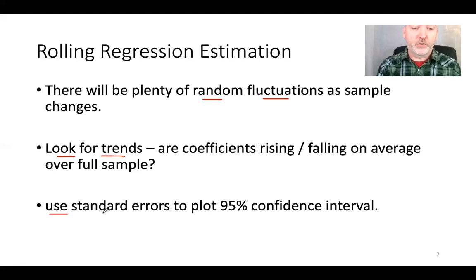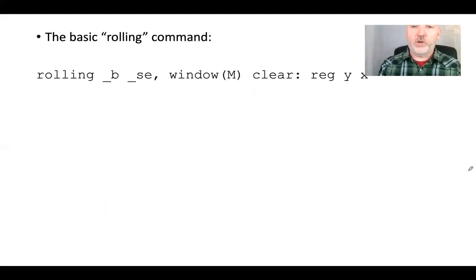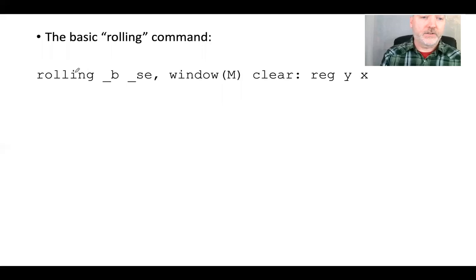Another nice feature is that we can generate the standard errors of those coefficients, the standard errors of the beta hats each period, and we can do a little calculation and plot out the 95% confidence interval around our estimates. So we get some idea of the significance of the coefficient and whether or not that changes, again, within our sample.